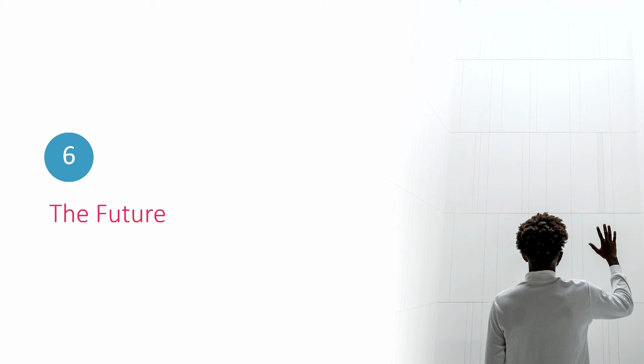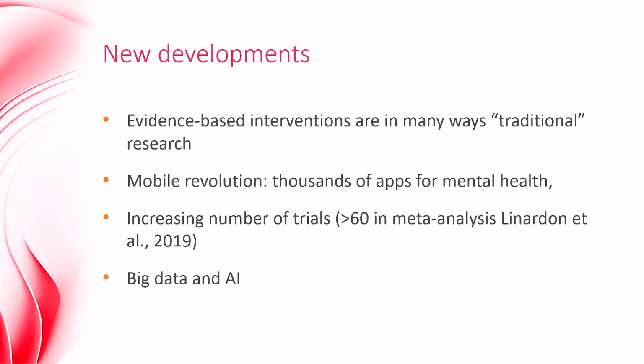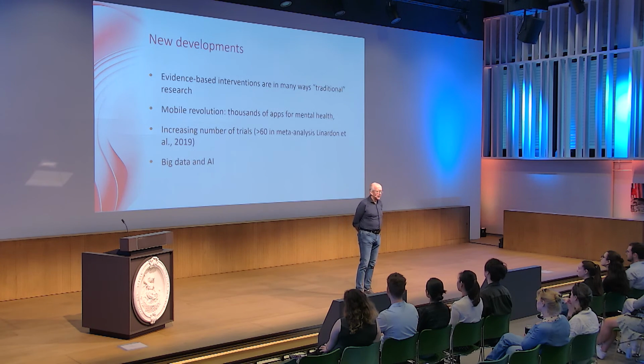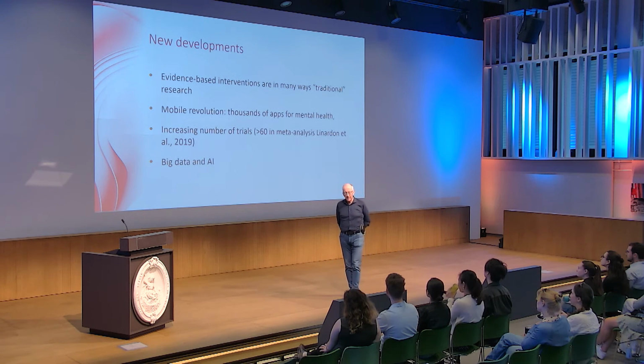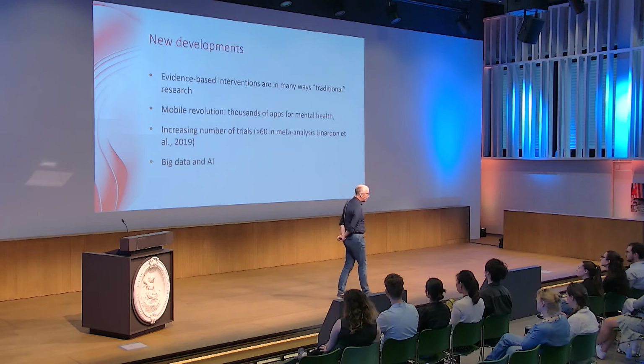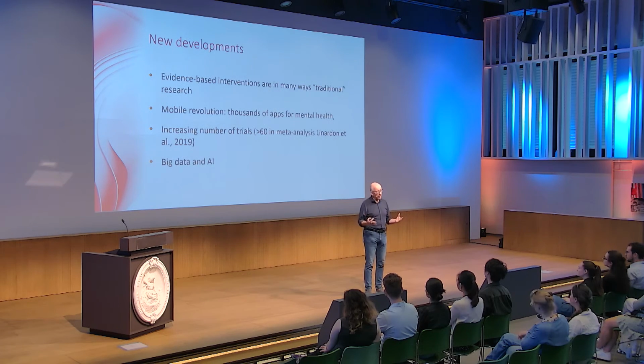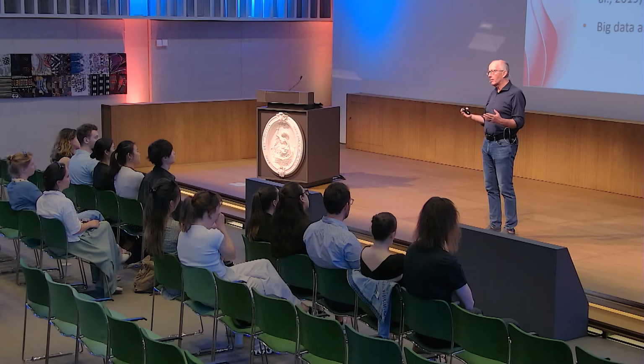Okay, the future, digital interventions. So in many ways, the internet interventions that I've talked about are actually pretty old-fashioned. The idea, as I said, started in the 1960s. And what happened since then is that people looked at what happens in face-to-face therapies, and they wrote it down in a book.